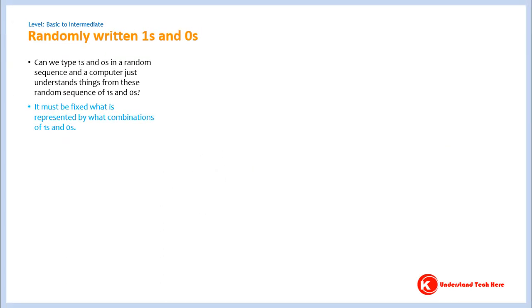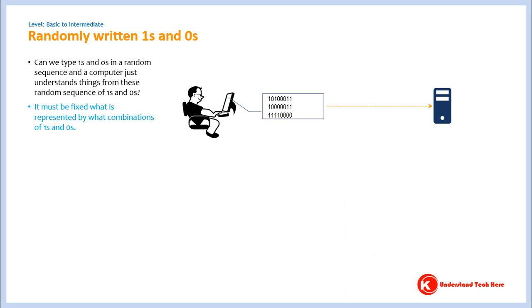Okay, a person is sitting at a computer and typing a random sequence of ones and zeros. Now, the ones and zeros typed by the person reach the computer. Does the computer understand things from this random sequence of ones and zeros?